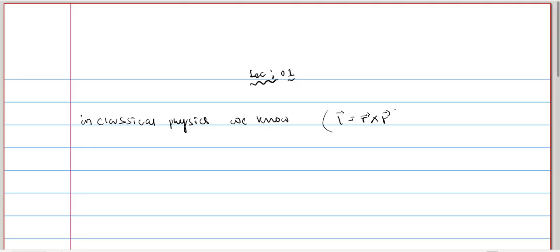What is the meaning of this? Here R is the position and P is momentum. This quantity tells us how much rotational motion an object has.